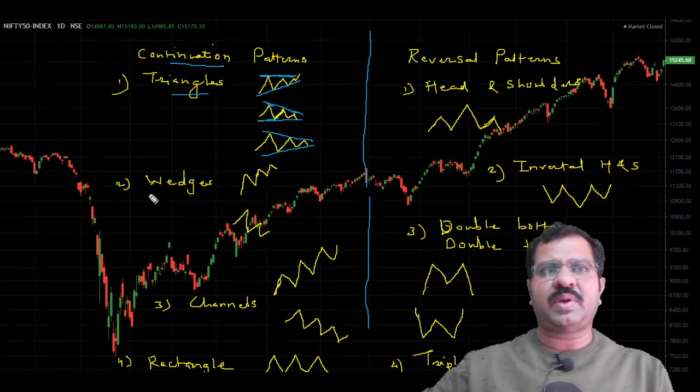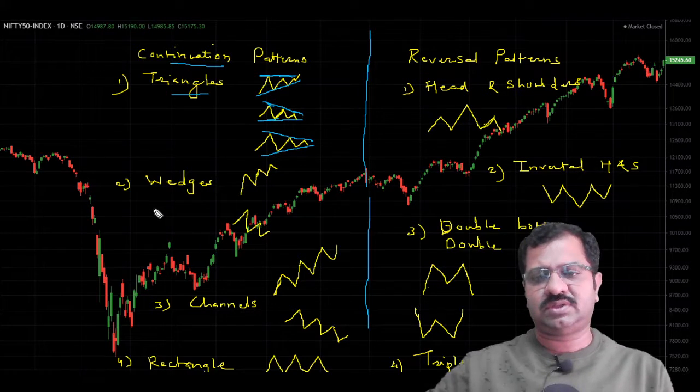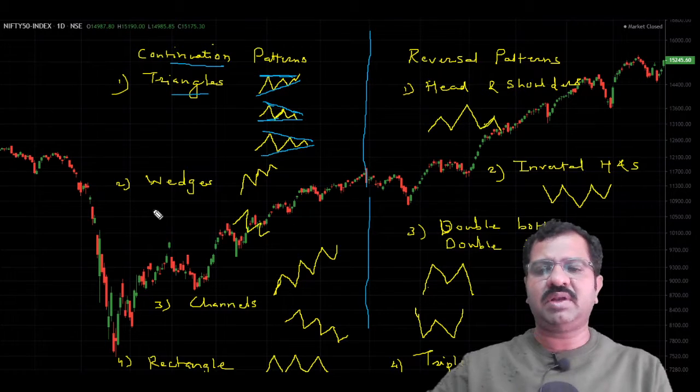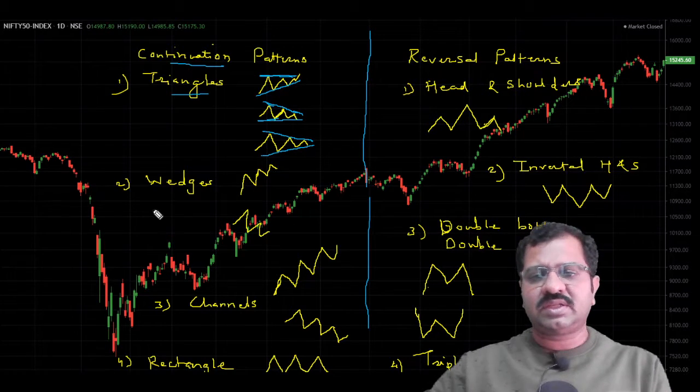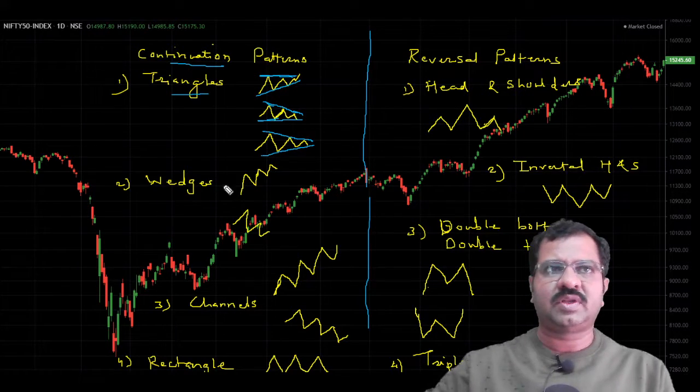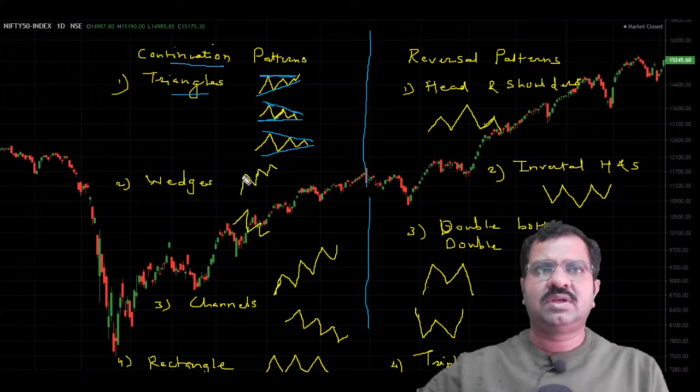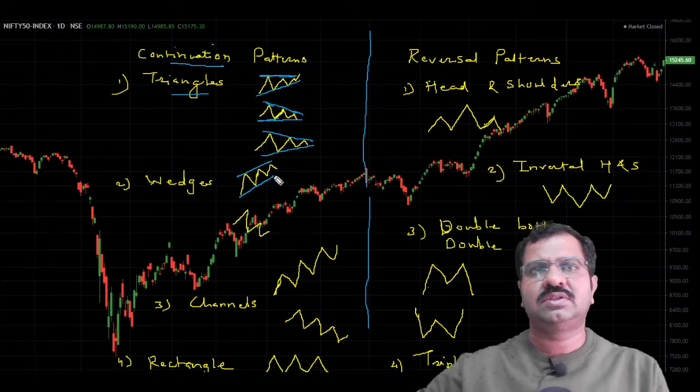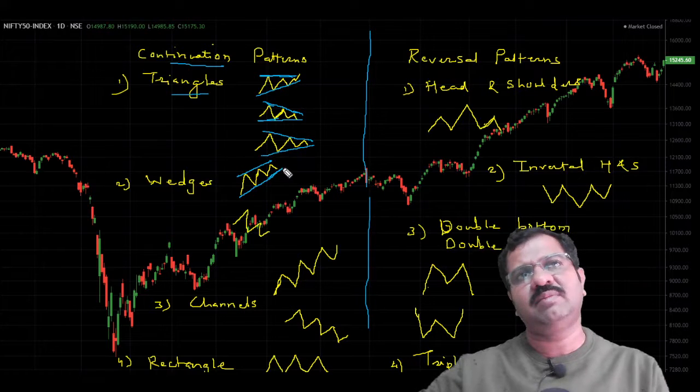The second pattern is wedges. Wedges are similar to triangles, but there is one small difference. Wedges also form a triangle, but both these edges will take some time to meet.